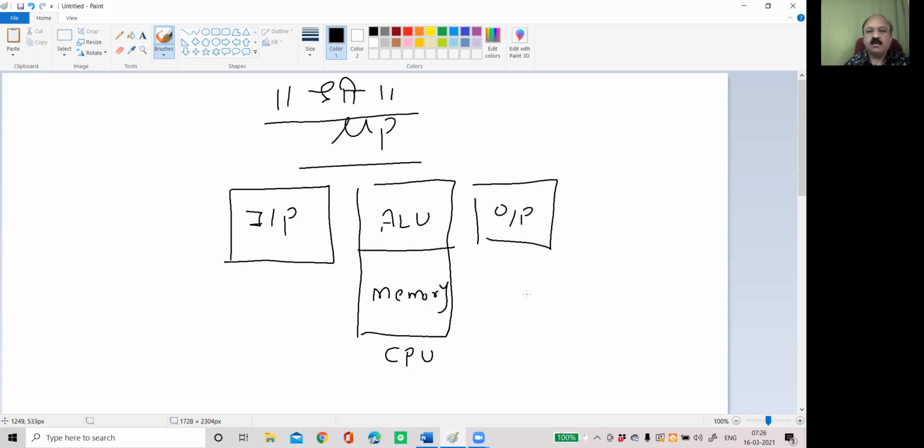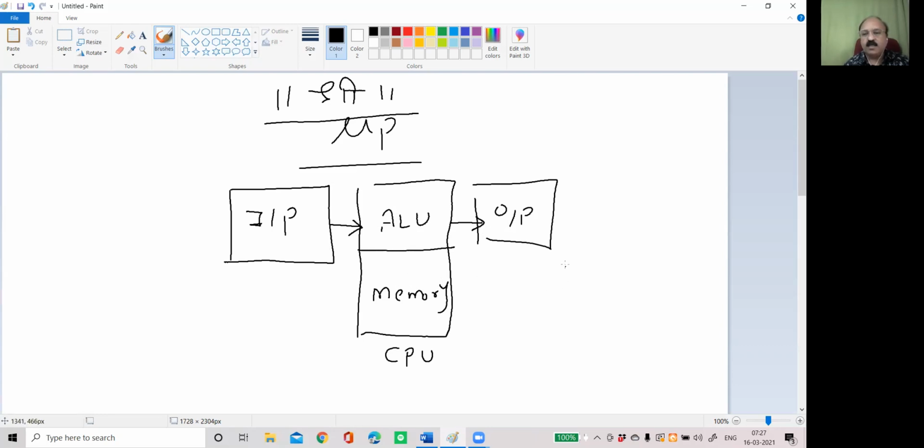So when we see a computer, it consists of these parts. Input devices give input to the CPU. Output devices take output from the CPU. ALU, arithmetic logical unit, performs the processing and arithmetic and logical operations, and memory is used to store the information.